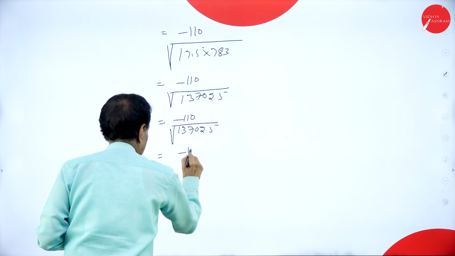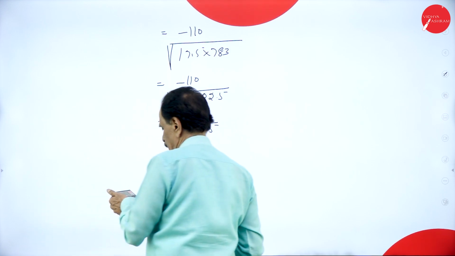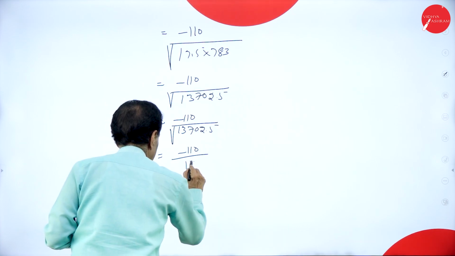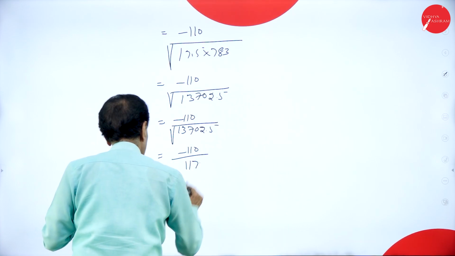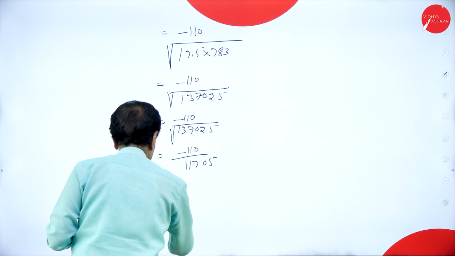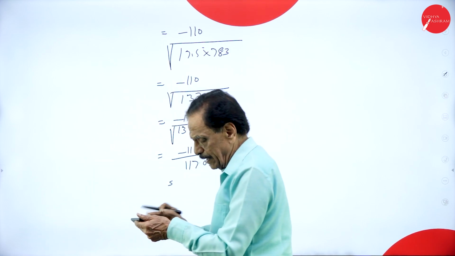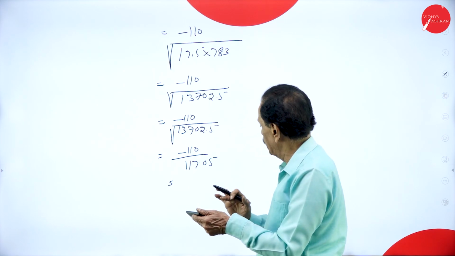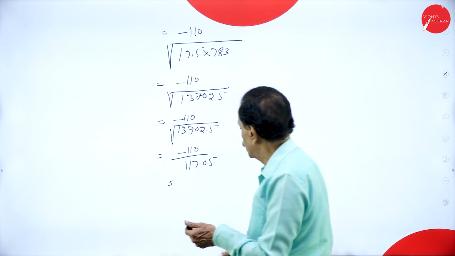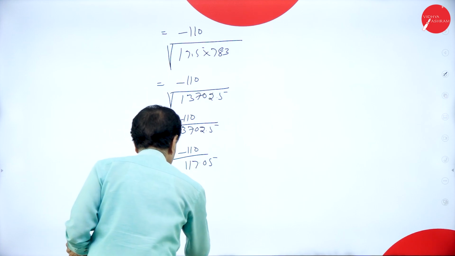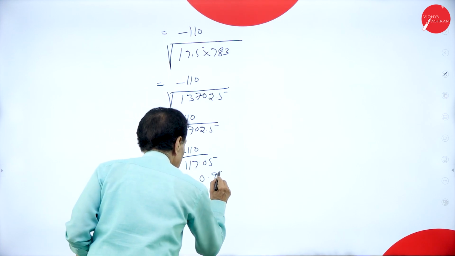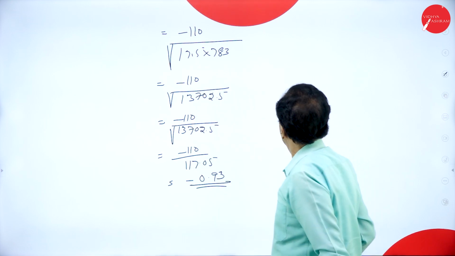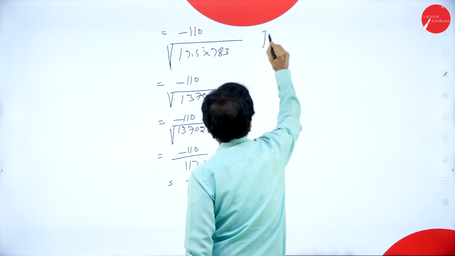Remove the root, minus 110 divided by 117.05. 110 divided by 117.05 is 0.93, minus 0.93. Your correlation. Then probable error.